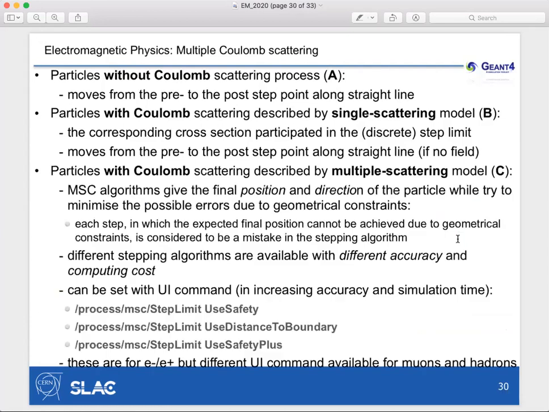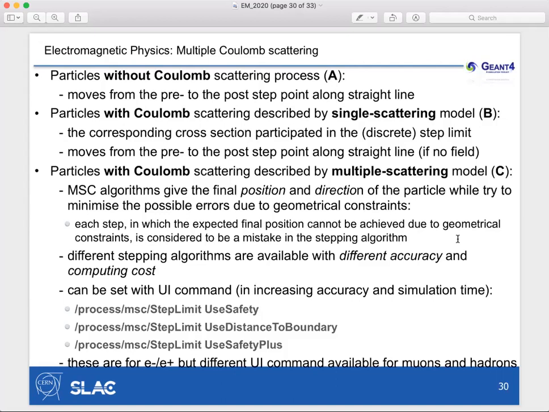There are more details in the Coulomb scattering that I don't really want to talk about today. Sometimes we can reach the final position where we should be. Sometimes, however, we cannot reach the final position because it would result in a boundary crossing that we were unable to recognize at the pre-step point: if we go so far, the final position would be on the other side of the boundary.